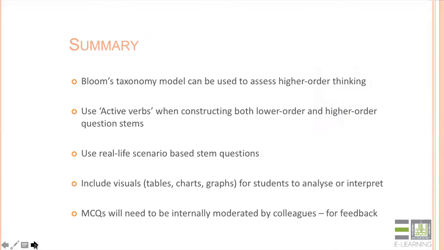Use visuals, tables, charts, diagrams when you want to assess higher order thinking. And if this isn't currently implemented in your own departments, internally moderate your multiple choice questions and the whole exam paper by other colleagues and get feedback on the structure, the content, everything that I've covered in today's webinar.